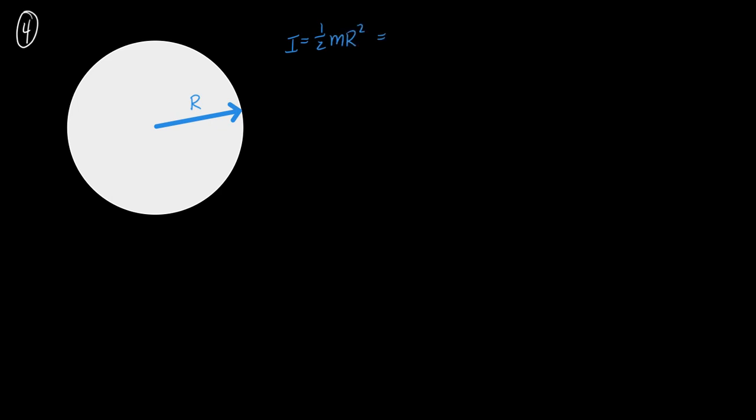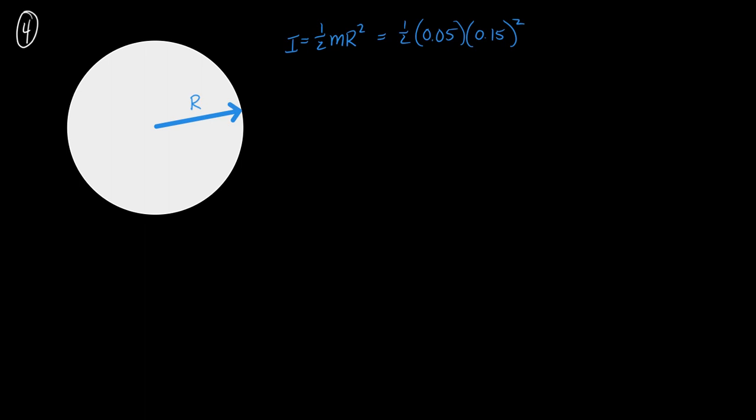And that's 1/2 times 0.05 kilograms times 0.15 squared. Well, I don't know what this is, but I'm certain that with a little handy calculating device we could figure it out. 0.5 times.